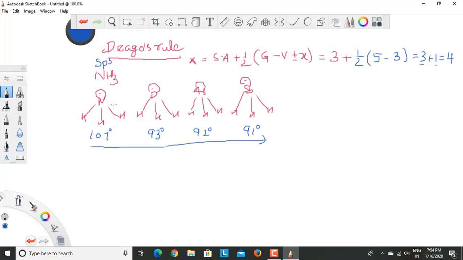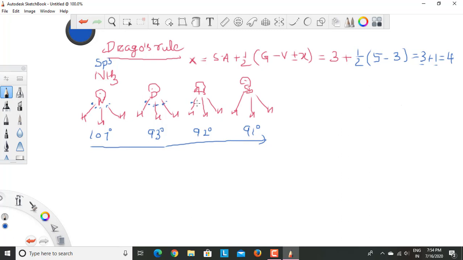If electronegativity decreases, the bond pairs remain away from the central atom. If bond pairs remain closer to the central atom, there is greater repulsion. If electronegativity is more, they remain closer to the central atom, with greater repulsion. If electronegativity decreases, the bond pair goes away from the central atom.